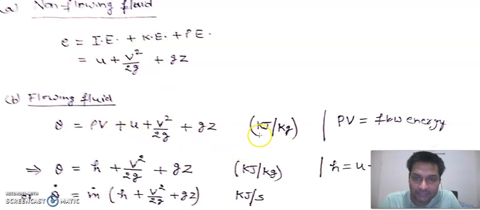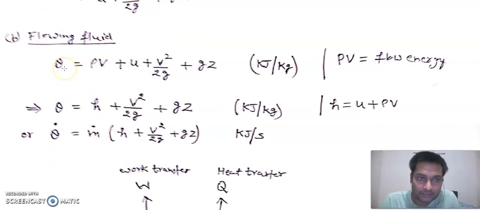This is represented in kilojoule per kg. If we represent it in kilojoule per second, then we can multiply it by m dot. m dot represents mass per unit time, for example, kg per second.